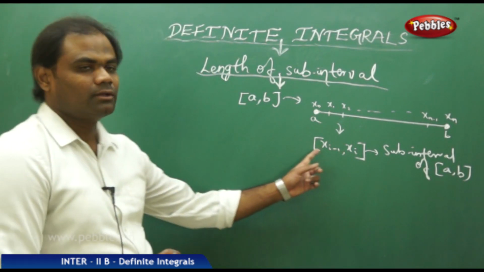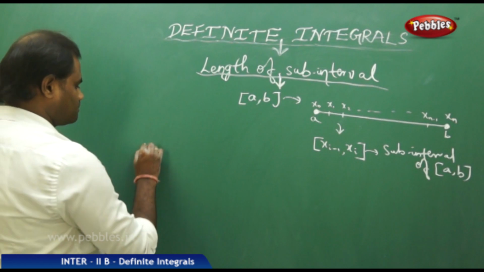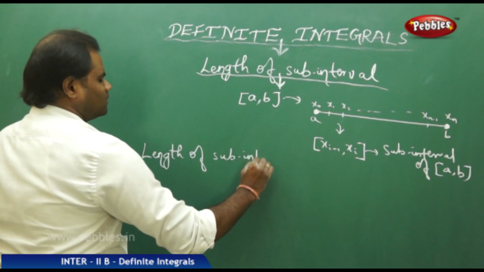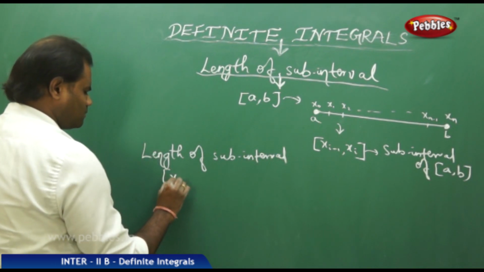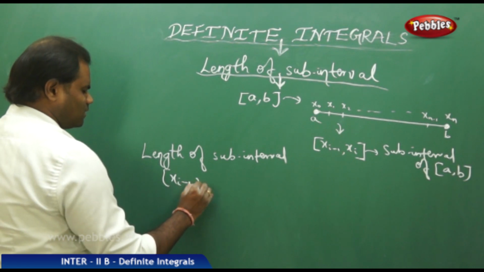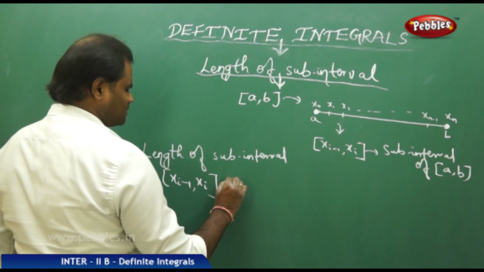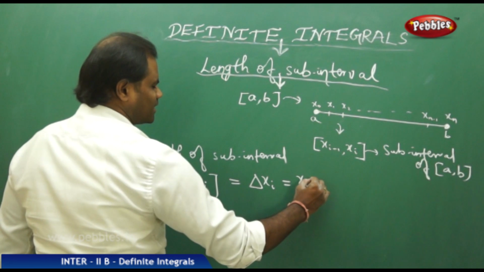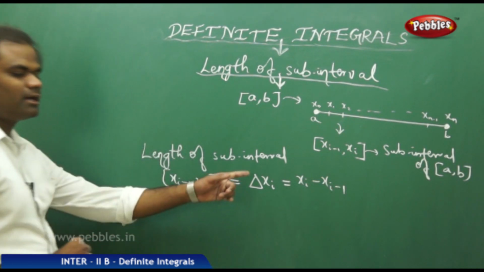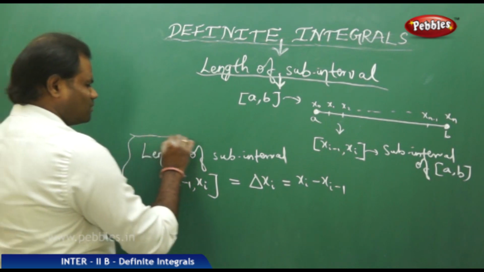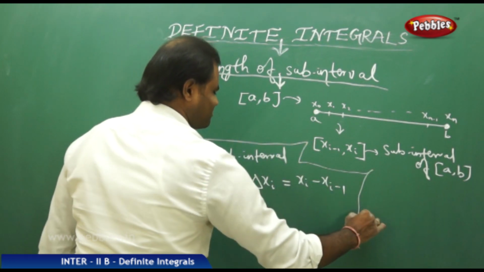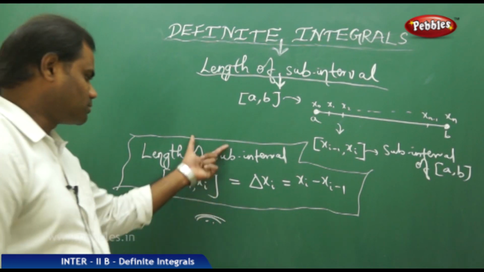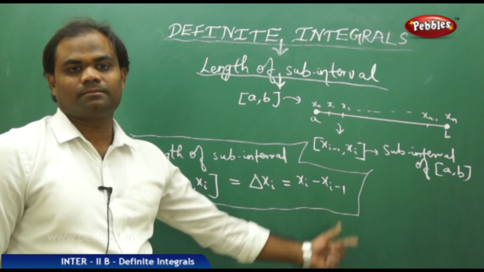The length of this subinterval is denoted by delta xi, given by the formula: length of subinterval xi minus 1 to xi is denoted by delta xi, and it equals xi minus xi minus 1.